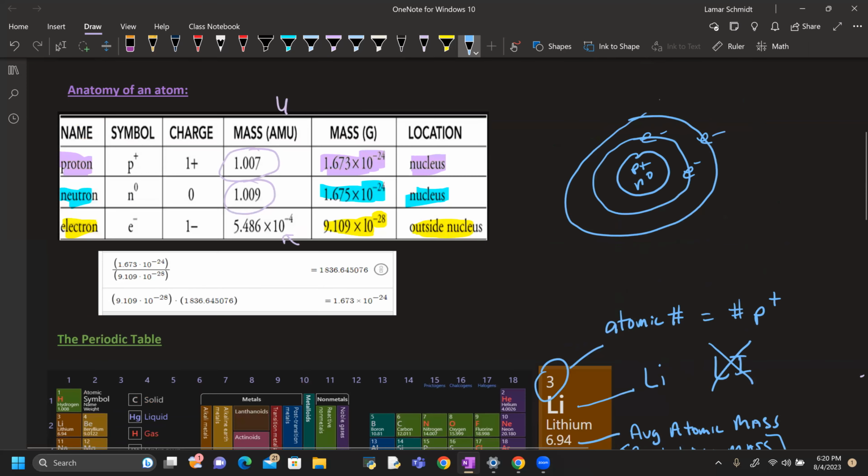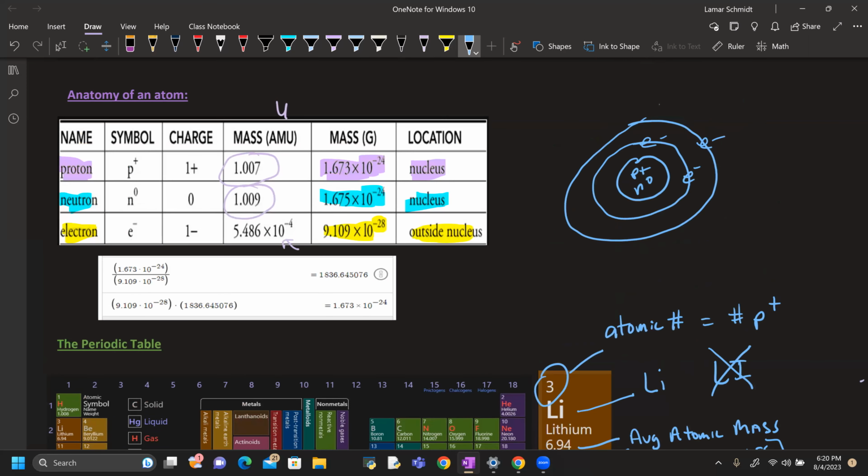A proton has a charge of 1+, an electron has a charge of 1−. So if we had the same number of protons and electrons, then the overall charge would be 0. For instance, if we know that we have a neutral atom of lithium, then we know lithium has 3 protons and 3 electrons.